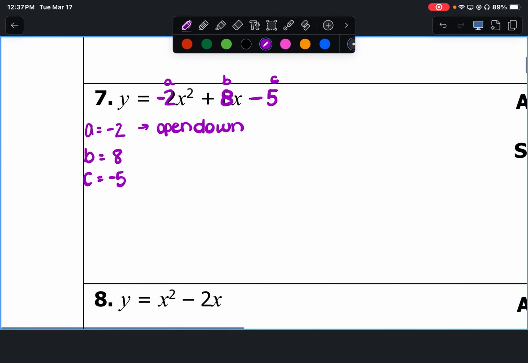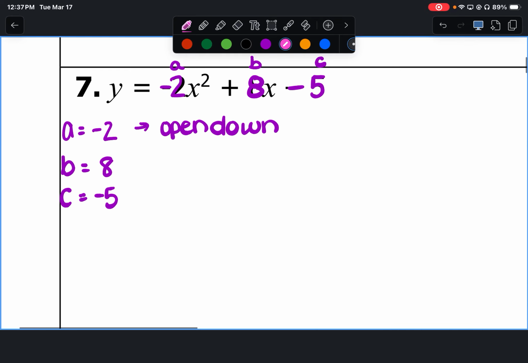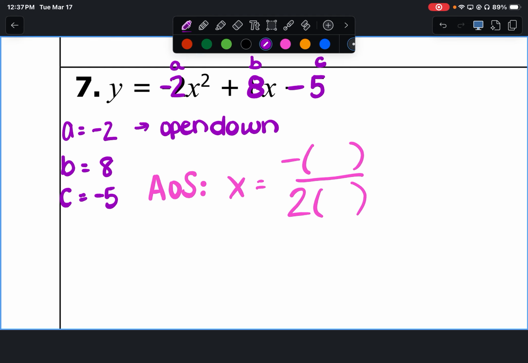Next we're going to move on to axis of symmetry. For axis of symmetry, we know that x has to equal -b over 2a. What is my b value I need to plug in? 8.